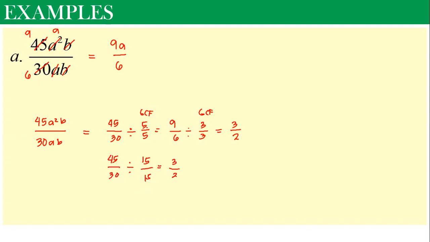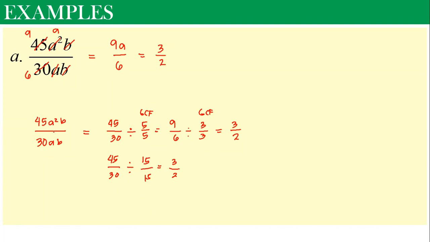Pwede naman, yung pinakamaliit na factor. Just observe if the answer is still a composite number. Pag pareho pong composite numbers pa rin si numerator and denominator, you have to find its lowest term to come up with the final answer. So, we have now 3 over 2. Yan. 3 over 2. So, yung whole na numerical coefficient natin is already done.